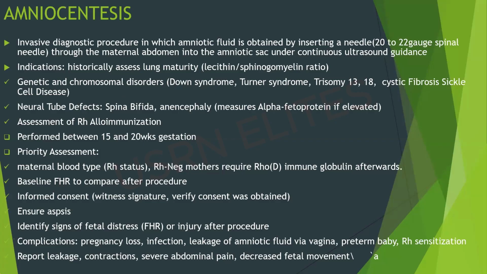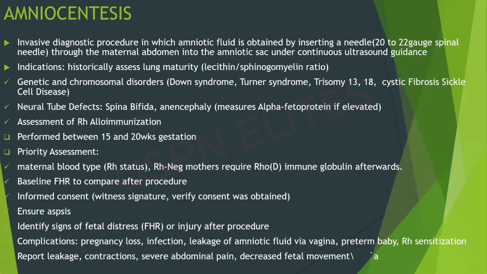We report. Note that we report complications. Anything that is a sign of complication, signs of pregnancy loss, signs of fluid leakage, you're going to see it in what? The vagina. So you have to know that the patient has a wet perineum.